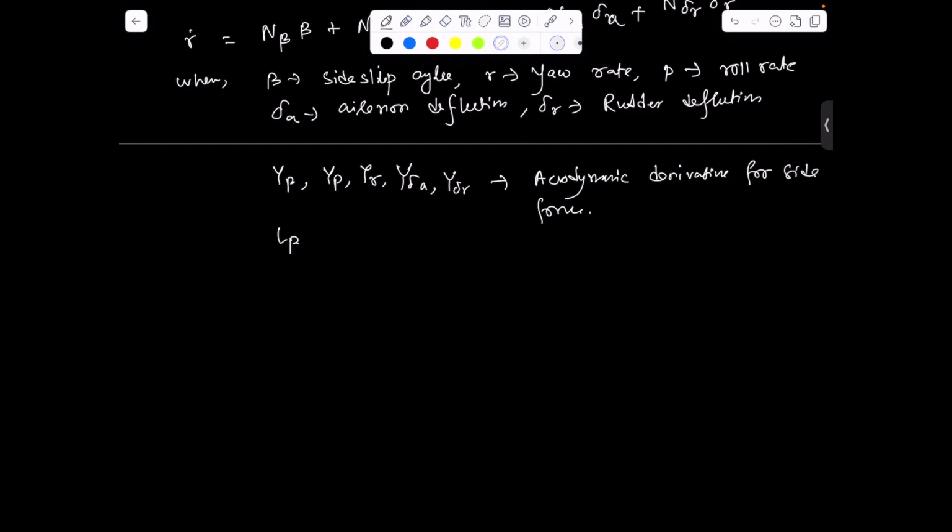And L beta, LP, LR, L delta A, L delta R are basically aerodynamic derivatives for rolling moment.